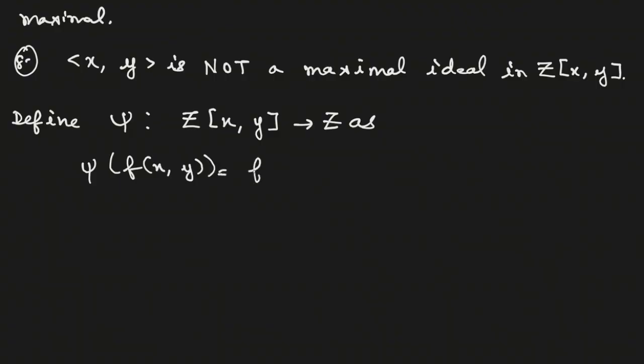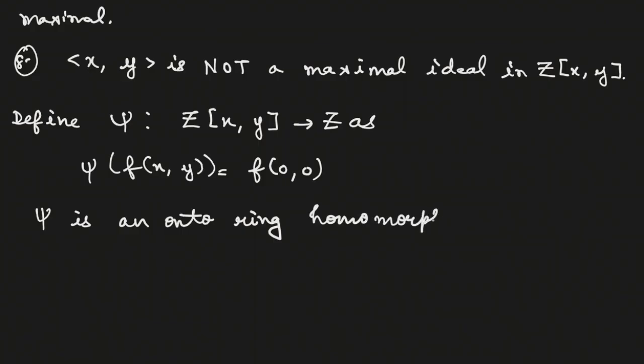Psi is an onto ring homomorphism. The kernel of psi is equal to the ideal (x, y), by the first isomorphism theorem.